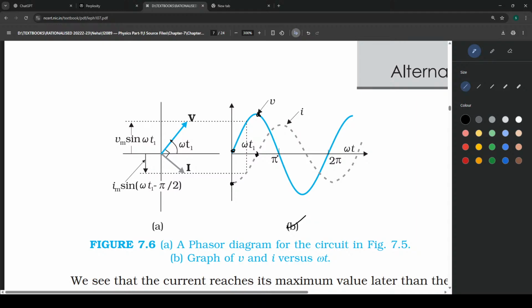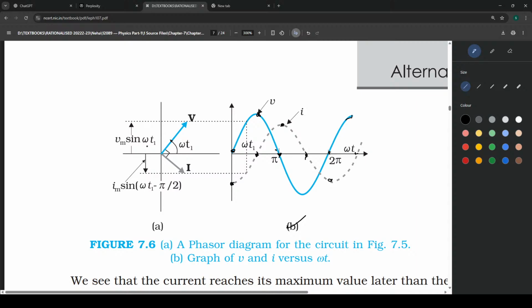As potential difference is reaching zero, current reaches peak value. As potential difference reaches negative value, current reaches zero, and as potential difference reaches zero, current reaches negative peak, and as potential difference again reaches peak value here, current reaches zero.